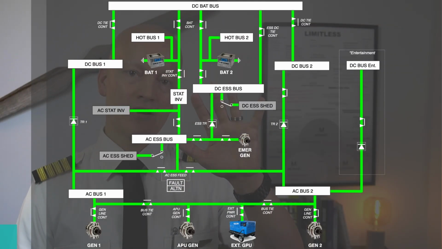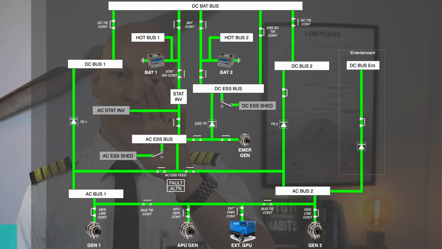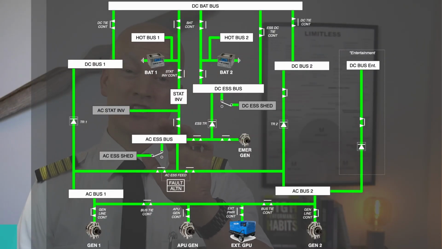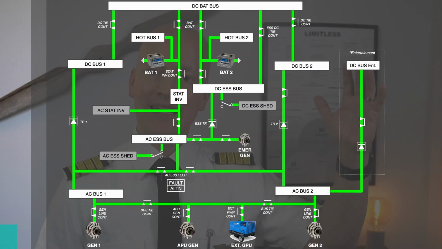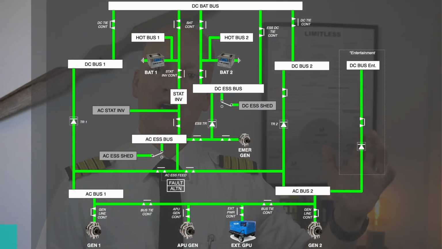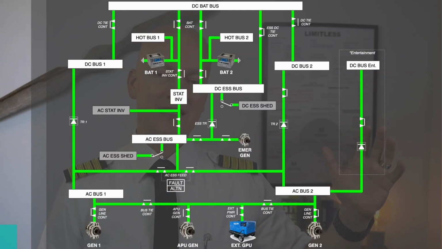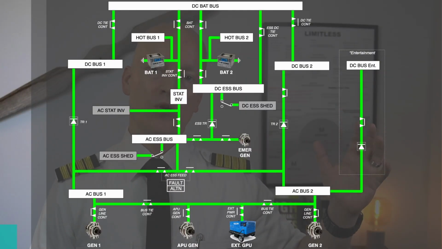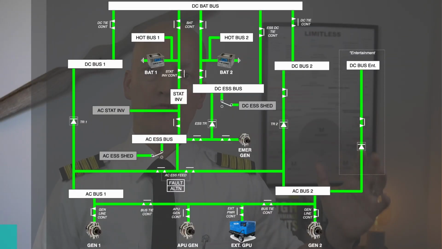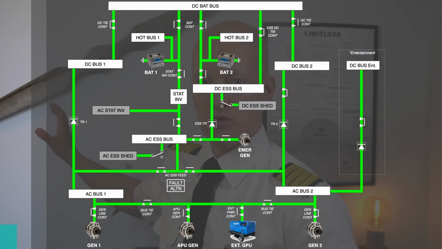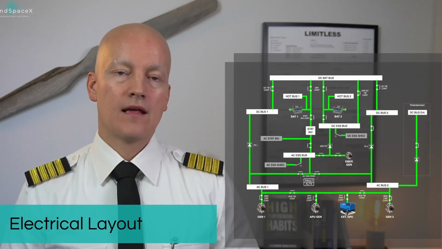The entire diagram has feed lines in green, contactors which can either be open or closed based on the configuration, as well as an entertainment bus over here, which we're not going to get into detail about, but which is powered with 2 power sources for normal operation and use in the cabin behind it.